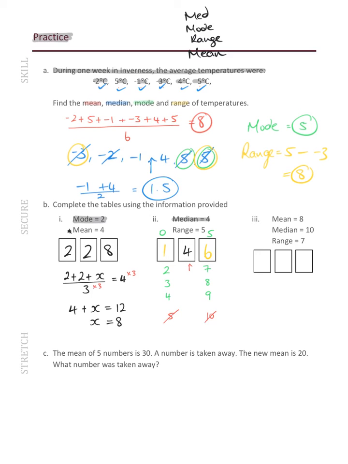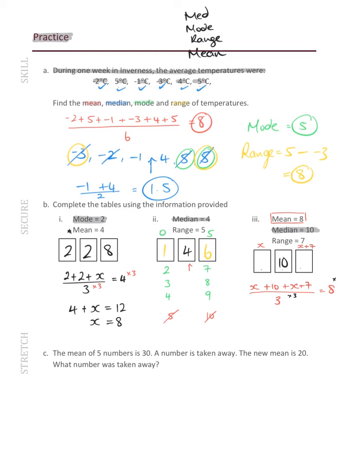Okay, question 3, mean, median and range. So let's start with the median. Median is 10. So 10 goes here. And now we have a bit of a problem. So my range is 7, but I don't have either of those numbers, and I have to have this mean here. So I'm going to call this x, and I'm going to call this x plus 7, because that has to be 7 more. So then, to work out the mean, x plus 10 plus x plus 7 divided by 3 numbers, 1, 2, 3, equals 8.